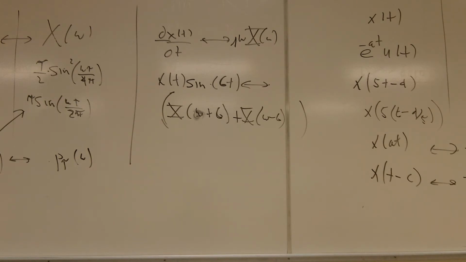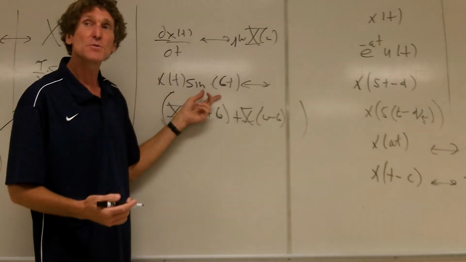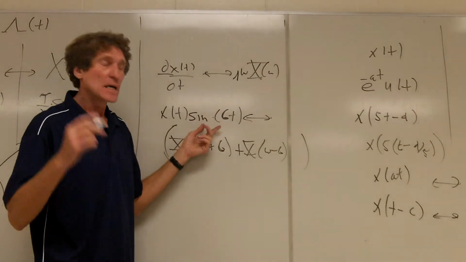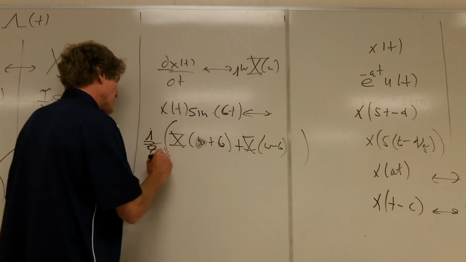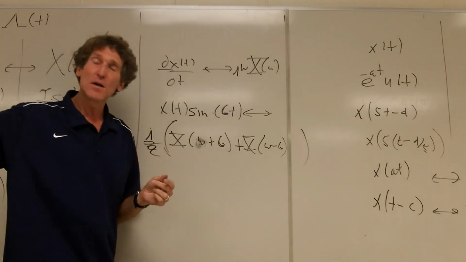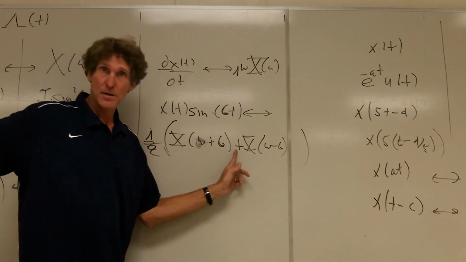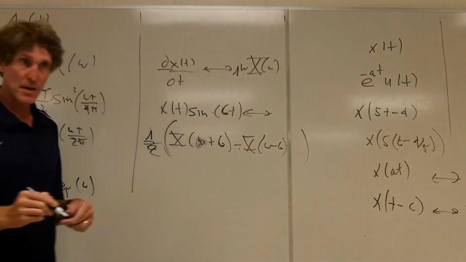X of t times sine of t. Do you know what it goes to? It's going to be j over 2 instead of just 1/2, right? It's j over 2. We're almost there. But what happens here? Minus. Got to know that one too, guys.